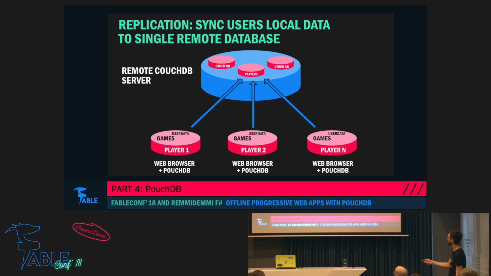So here, the same. You can synchronize all the players. So this is a database inside your browser. For instance, player 1 is playing on his wonderful Fable game on his Chrome browser. And so we are storing his games, etc. And then we can push data, synchronize with a remote CouchDB server.